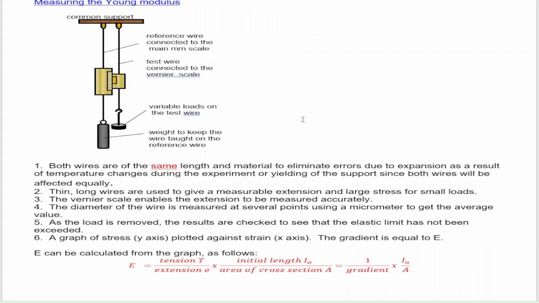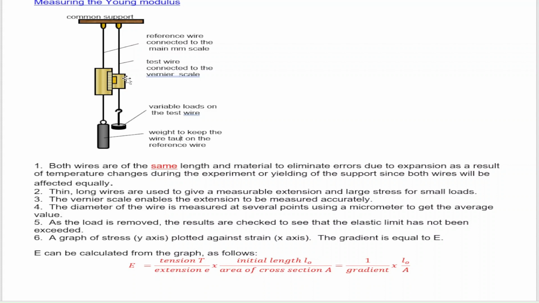Measuring the Young modulus of a wire, you need the test wire and the reference wire. The reference wire is connected to the main scale, which is a millimeter scale, and then it is subjected to a load which is fixed. So you don't change this load. The purpose of the load is just to keep the wire taut.